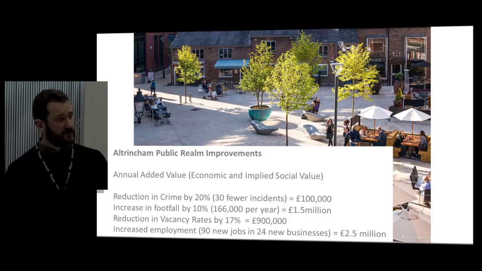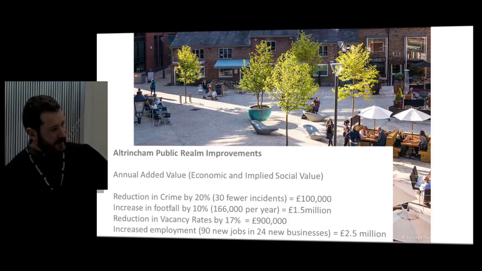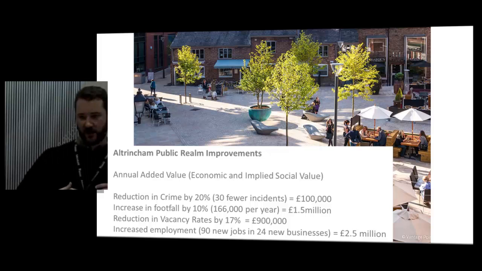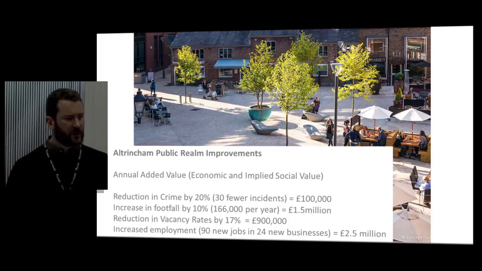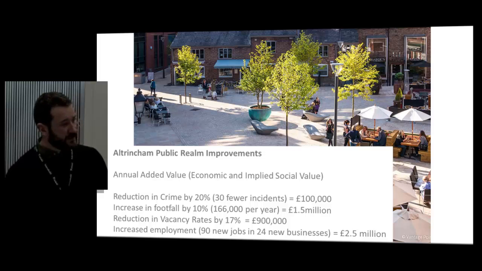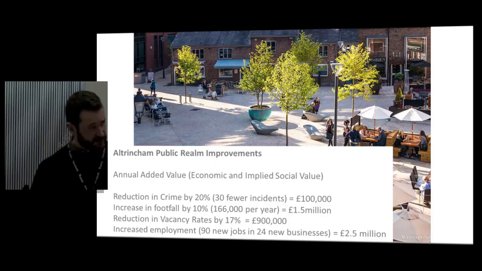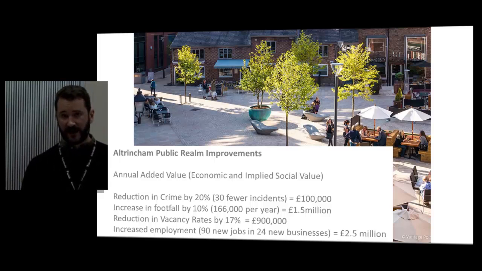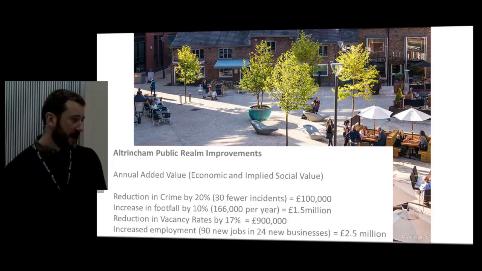There's direct social benefit to a reduction in crime, and we've got £100,000 annual saving from the street works there. So it helps us justify these works to other local authorities that are asking, why do we want to do this? Increase in footfall by 10% speaks for itself. There's lots more people engaging with the streets, with the premises. A reduction in vacancy rates.